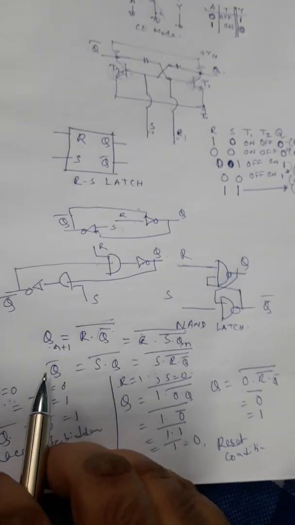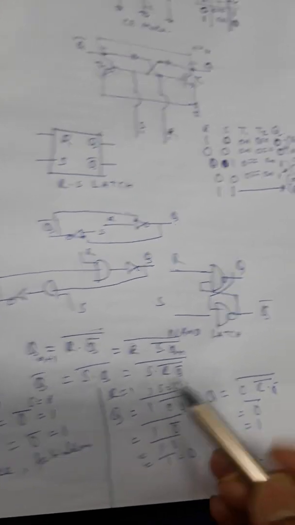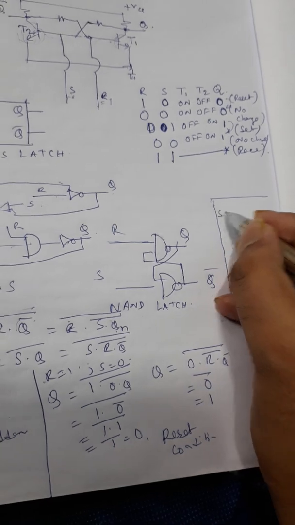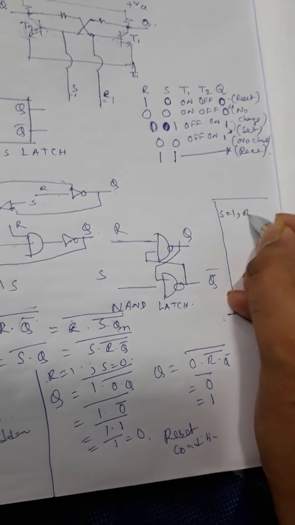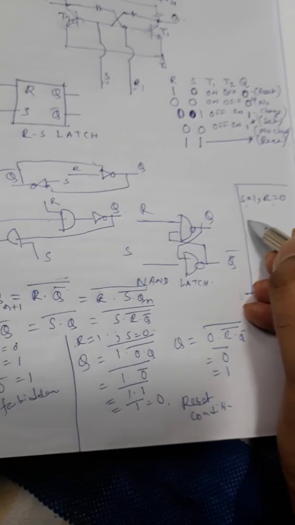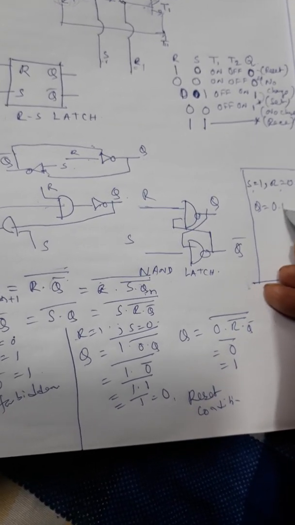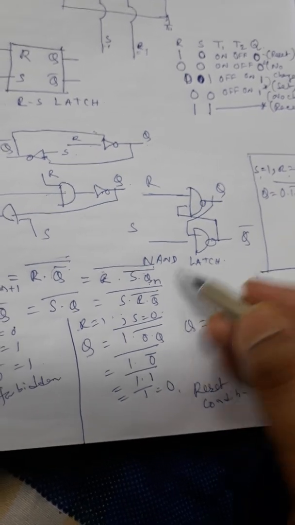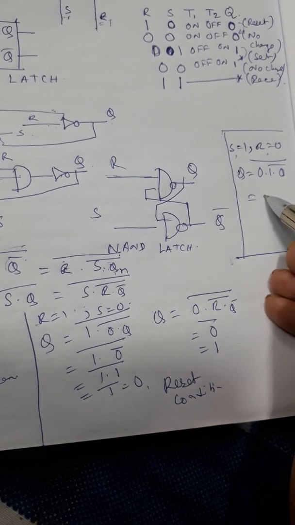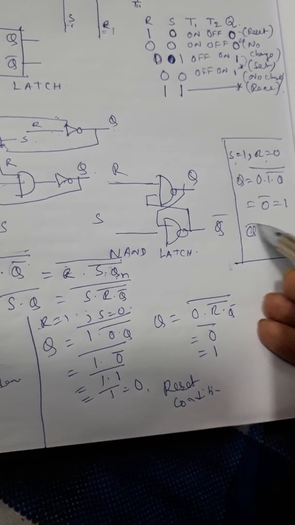Now similarly, we can get the S1 R0 condition. If S1 R0, then what is Q? Q is equal to 0 dot 1 dot Q bar bar. Now 0 dot anything is 0, 0 bar is 1, so Q is 1 and Q bar is 0.